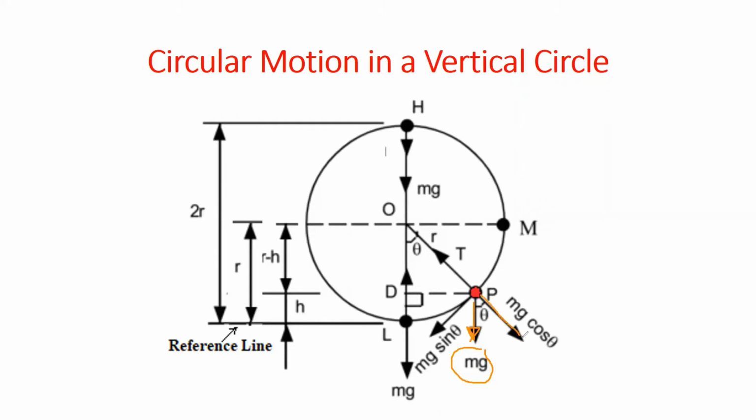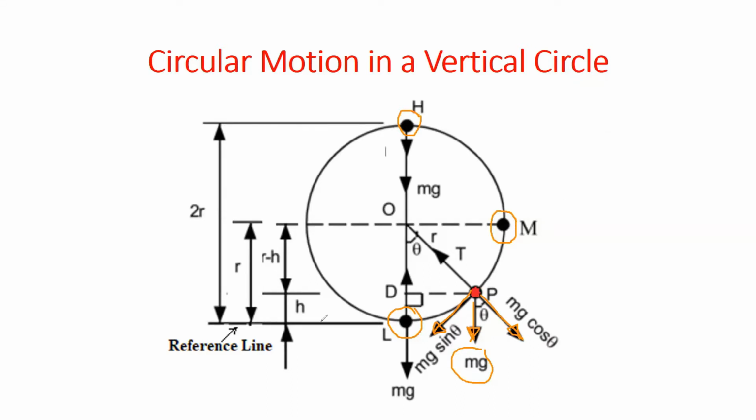One, mg cos theta along the string but acting away from the center, and another component, mg sin theta, perpendicular to it. Point L, that is the lowermost point, H, the topmost point, and M, when the string is horizontal, are very important.